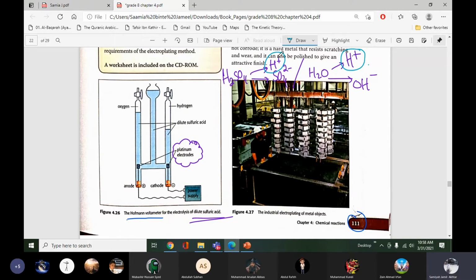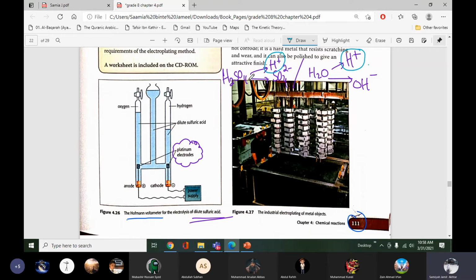As both of them are giving hydrogen ions, water is giving hydrogen ion and sulfuric acid is also giving hydrogen ion, there's no competition, and we know that at cathode hydrogen gas is formed. It's very clear because both of them are hydrogen, so there's no electrochemical series. In acid, hydrogen is formed.